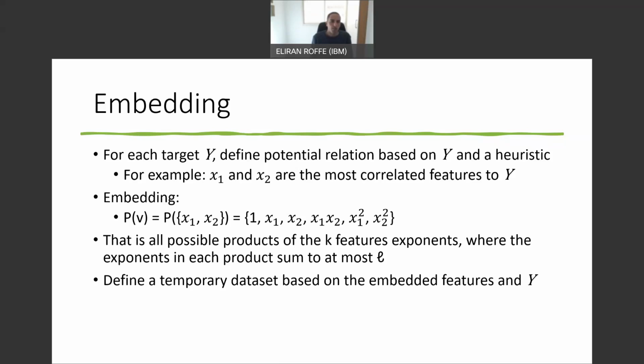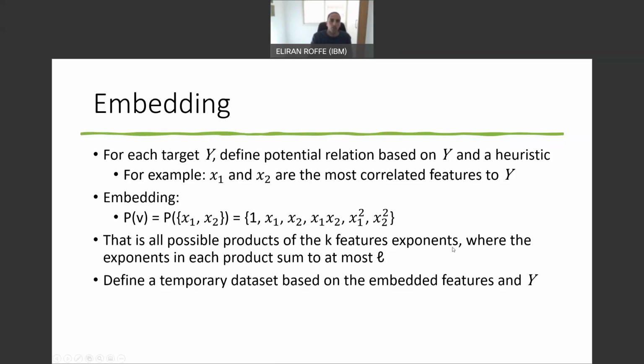Now we have an embedding, which is basically all possible products of k features where the sum of the powers is no more than L. Here you can see that when k and L are equal to 2, we have x1, x2, the product of x1 and x2, their squares, and also 1, which is x1 and x2 to the power of 0.